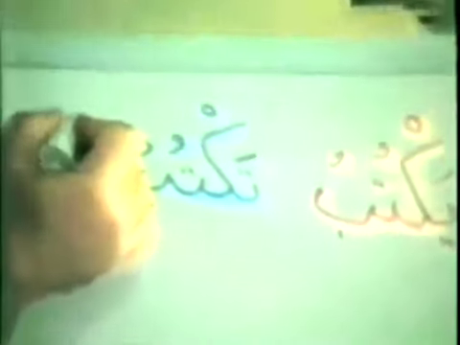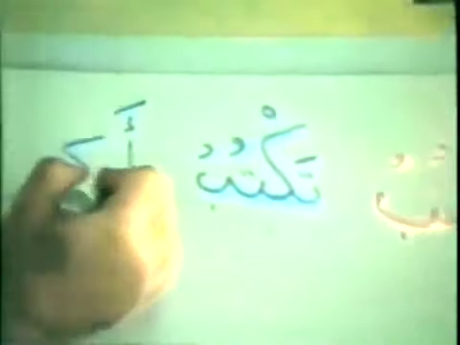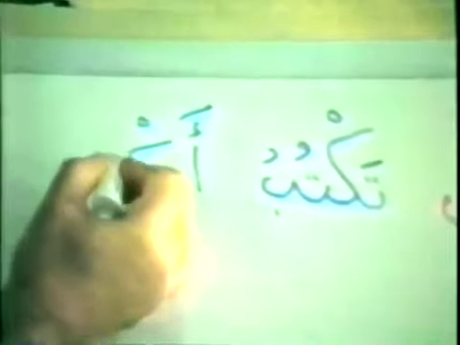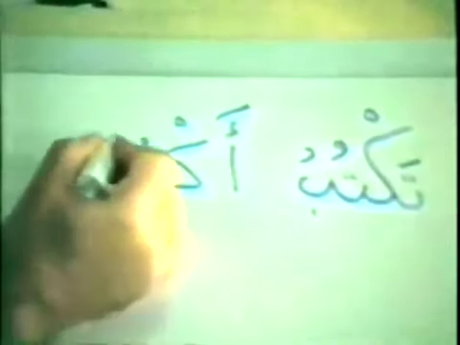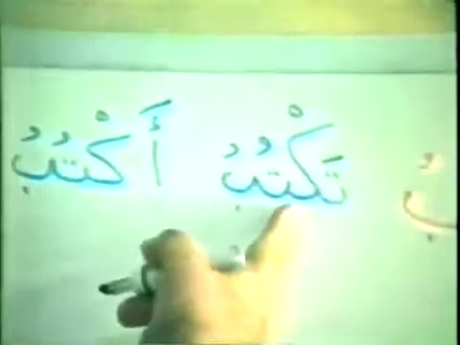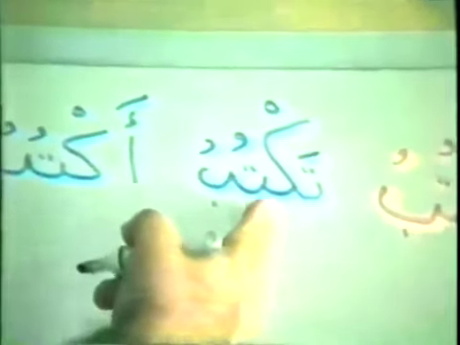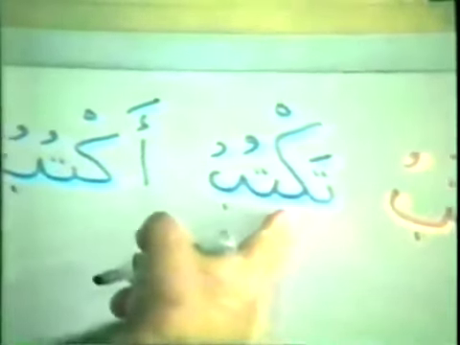Now, she writes will be taktubu. I write will be aktubu. Also, you write will look like this. Taktubu will be either she writes or you write.